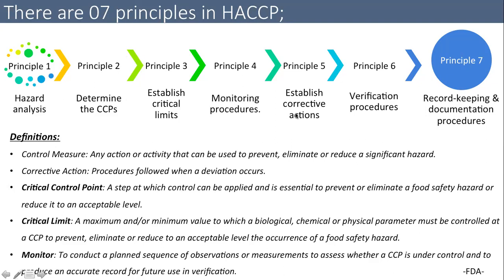Now there is a hazard. So what we have to do is establish corrective action. As an example, first we inform the quality assurance manager or quality control manager or the supervisor. Then stop the machine and wait until the temperature increases up to 100 degrees and continue. Such corrective action should be there.